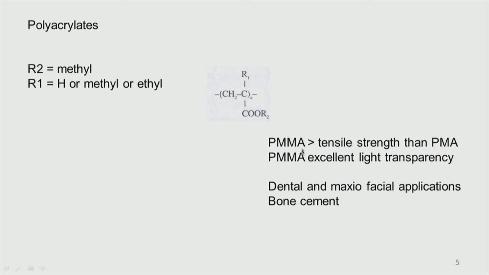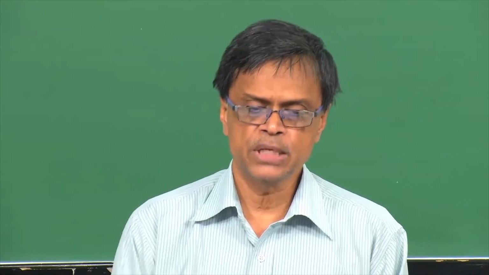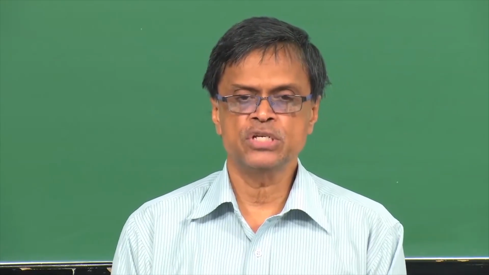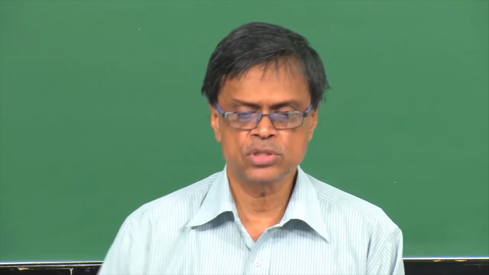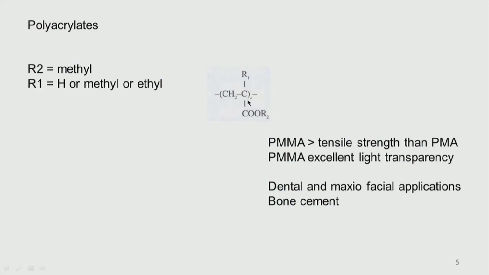So, PMMA is the polymer which is consumed a lot in biomedical applications, maxillofacial surgeries, dental applications. So, it dates back to a very long time, and it is easy to make the polymer starting from the monomer. When we apply a UV, the polymerization happens. So, it is very simple to make, and we can have different types of polyacrylates.